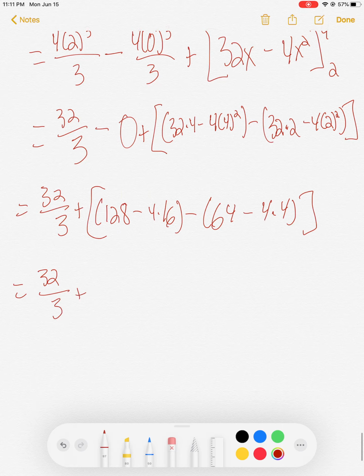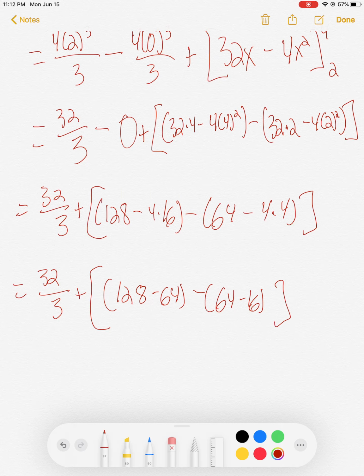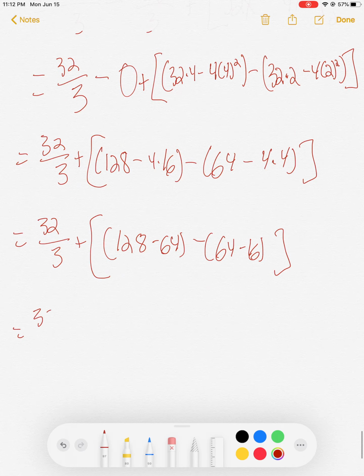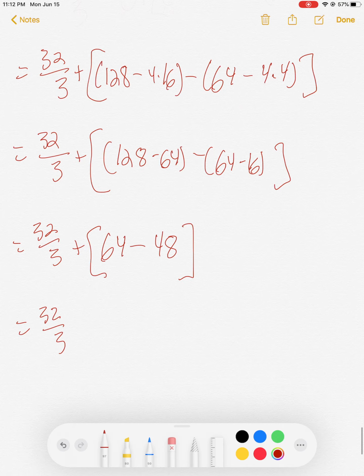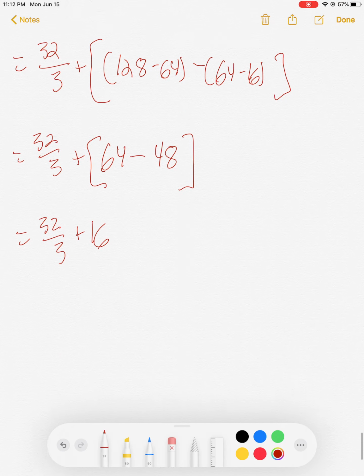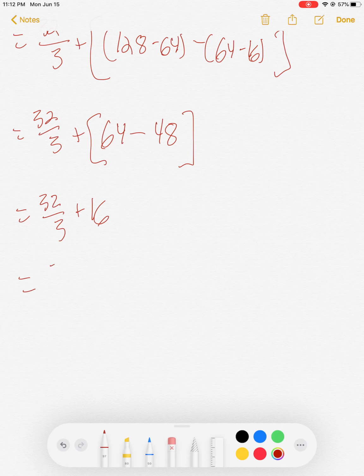Plus 32 times 4, that's 128. 128 makes another appearance in our video. Minus 4 times 16, because 4 squared is 16. Minus 32 times 2 is 64. 2 squared is 4, so it's minus 4 times 4. So 32 over 3 plus 128 minus 64, minus 16.